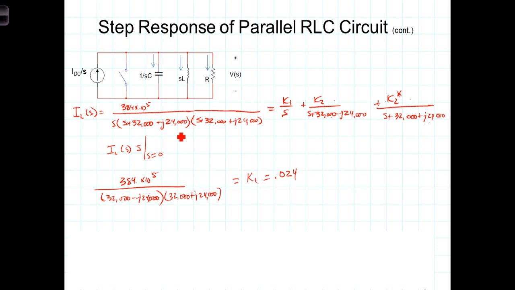To find K2, we're going to multiply both sides of the equation by this factor. Multiply both sides by S plus 32,000 minus j 24,000, and then evaluate what is left at S equals the root associated with this factor, or negative 32,000 plus j 24,000.